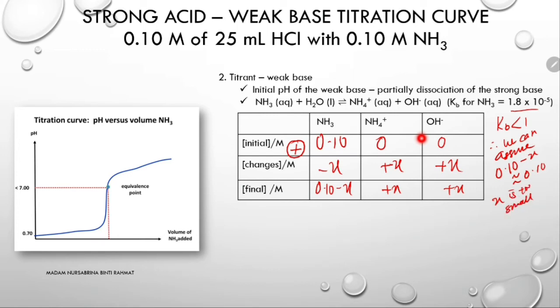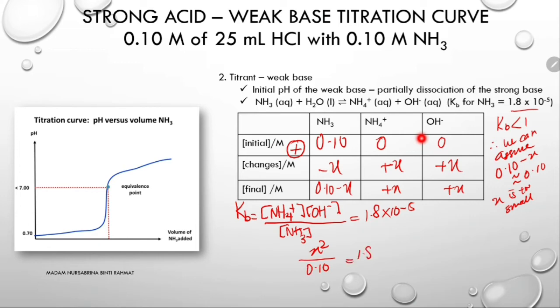Okay, so when we write down the Kb expression, it equals NH4 plus times OH minus over NH3, which equals 1.8 times 10 to the power of negative 5. Then we write the Kb expression in terms of X, so X squared over 0.10 equals 1.8 times 10 to the power of negative 5.